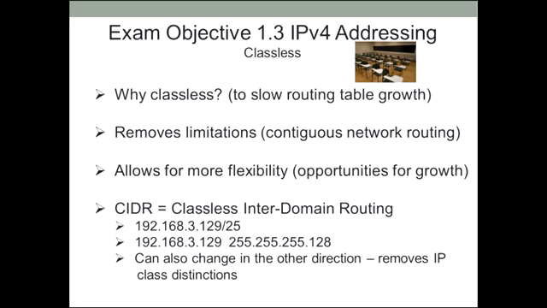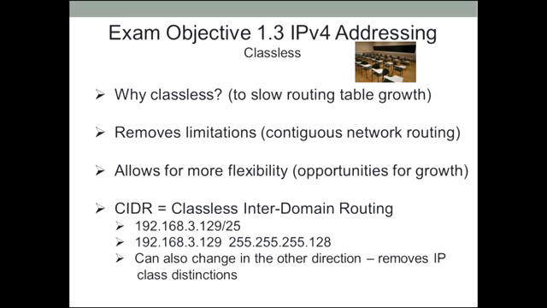Classless addressing actually eases the pressure on routing tables, and also removes some networking limitations. It allows for some contiguous network routing. That's a little bit of an advanced subject for this topic, but I'm throwing it out there. And it allows more opportunity for growth. It allows for a whole lot more flexibility.